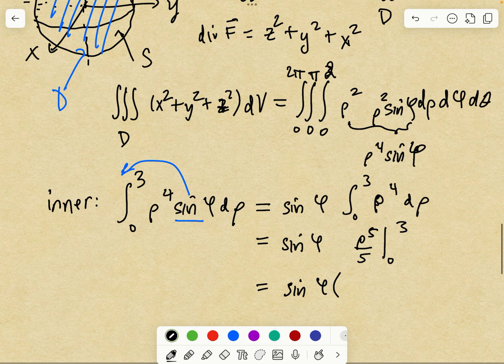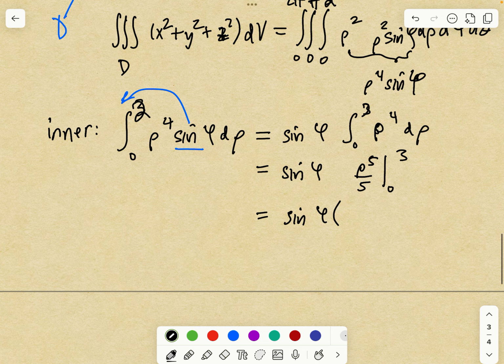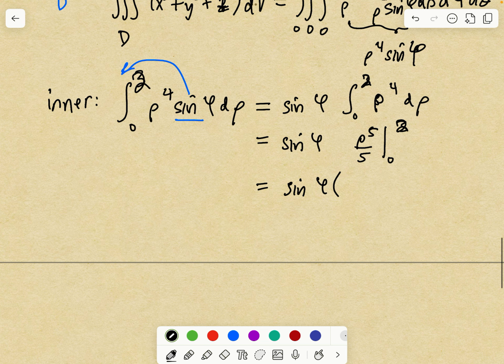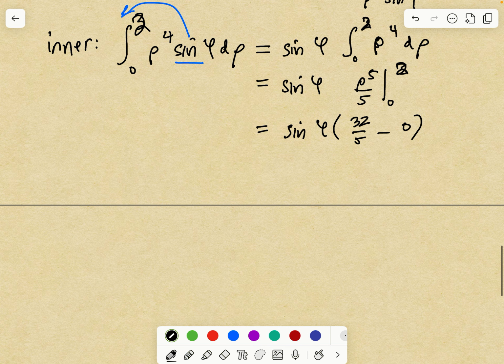So you plug in 2: 2 to the fifth is 32, over 5, minus what you get when you plug in 0, which is 0. So you get 32 over 5 sine phi. That's the inside integral.